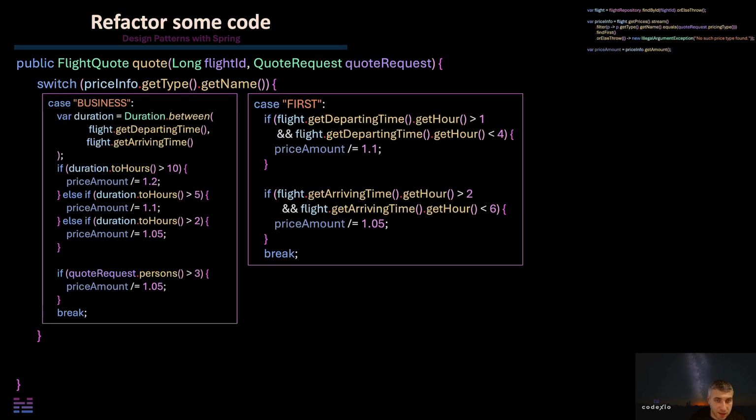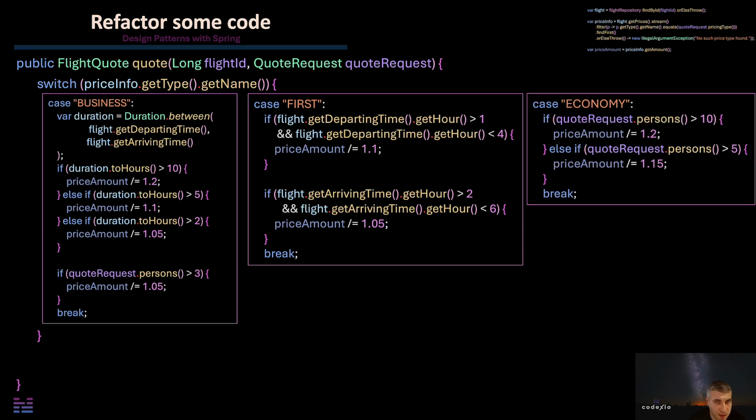Or let's say if it's arriving between 2 and 6 a.m., again you can give them some kind of a discount of 5%. And for the economy class, you don't care about when people depart or arrive. You may give them some discount if they buy for a large number of people, like 10 people or 5 people. And on top of all of that, probably you may have other rules.